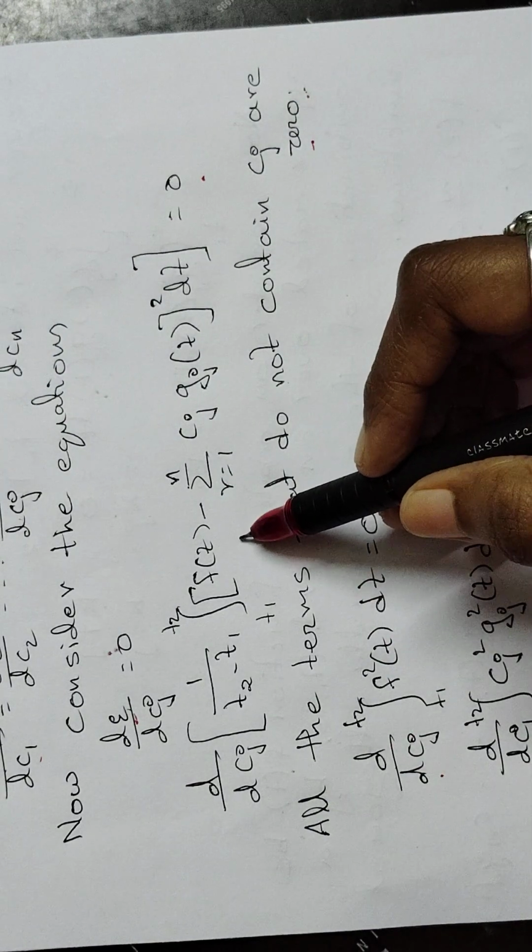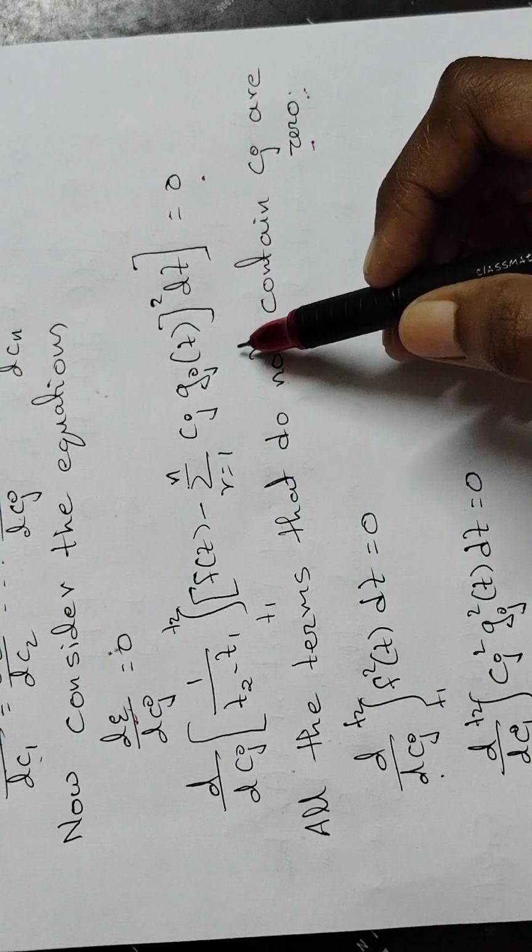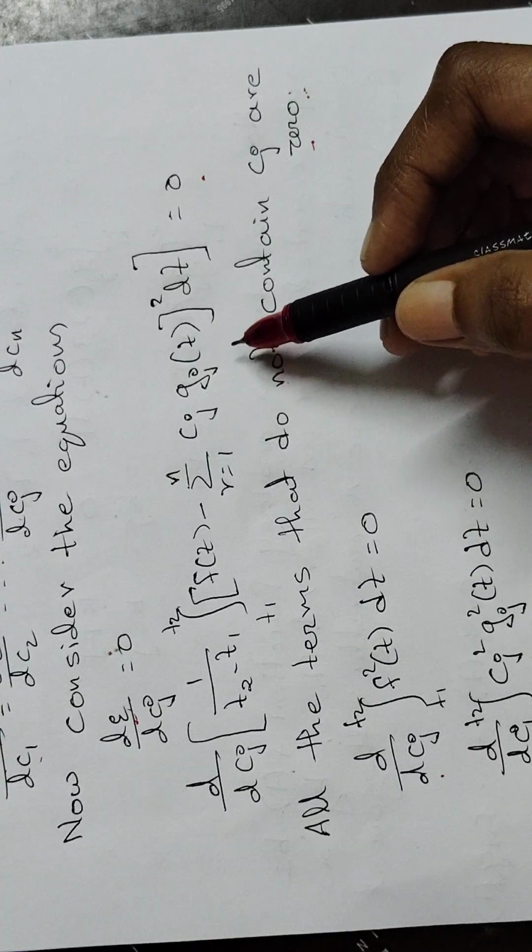It is in the form of a minus b whole square, which we write as a square plus b square minus 2ab.